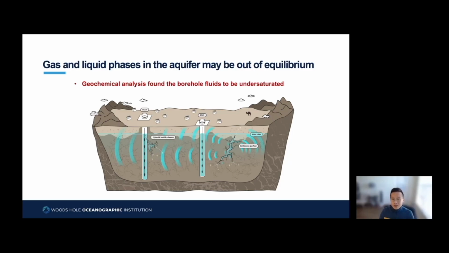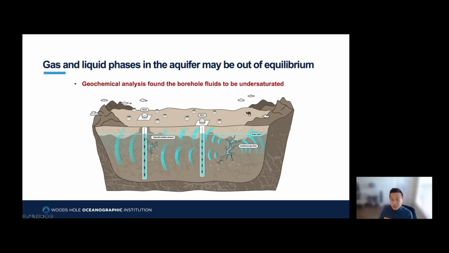The only way we can think of is that the gas and liquid phases in the aquifer may be out of equilibrium, which means that free gas may flow along certain well-established paths, whereas outside those major free gas pathways, the aquifer may be undersaturated in methane and hydrogen.